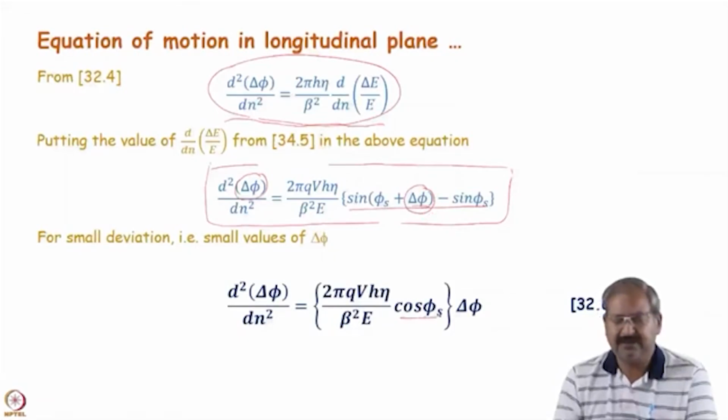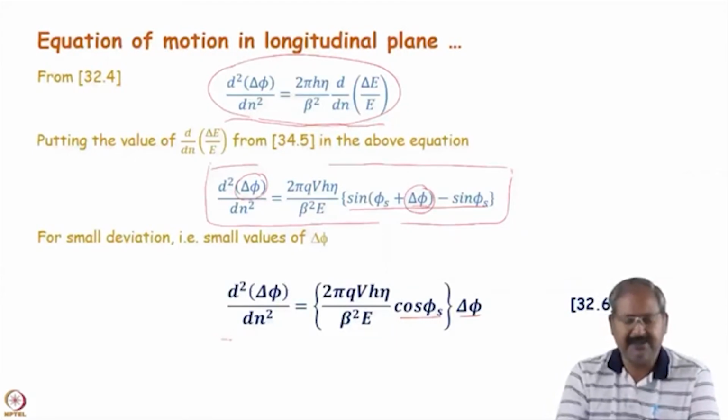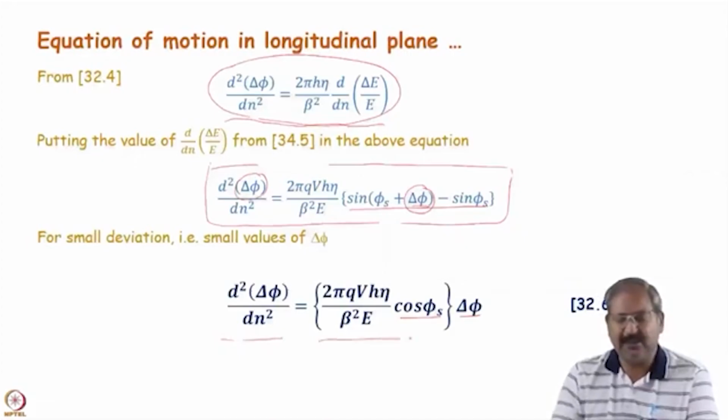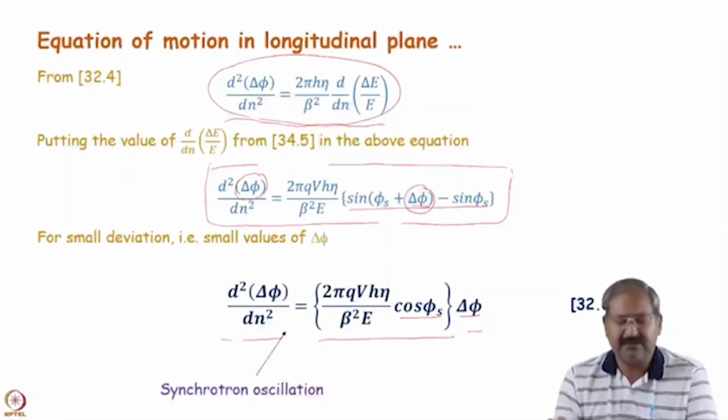So this will be cos phi s, and this delta phi is due to sin delta phi. Now you can see that this equation is similar to the simple harmonic oscillator equation. This is d2 phi by dn square, this is omega square, and this is again delta phi. And this is synchrotron oscillations.